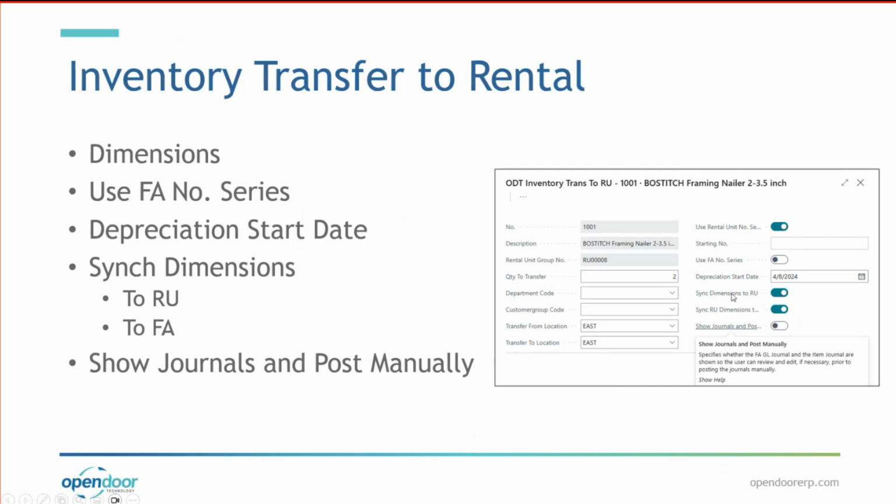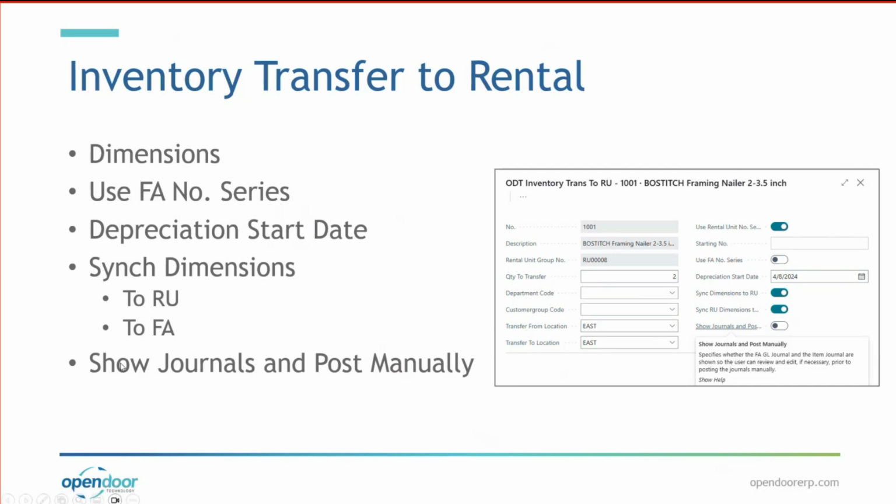But if you don't sync dimensions from this page to the rental unit, the rental unit could get dimensions from the group that it's assigned to. And that is set up on the item. So if the group has dimensions and you add a child to the group, it will inherit the dimensions from the group. And this is a way to sync the rental unit dimensions to the fixed asset as well, if you want.